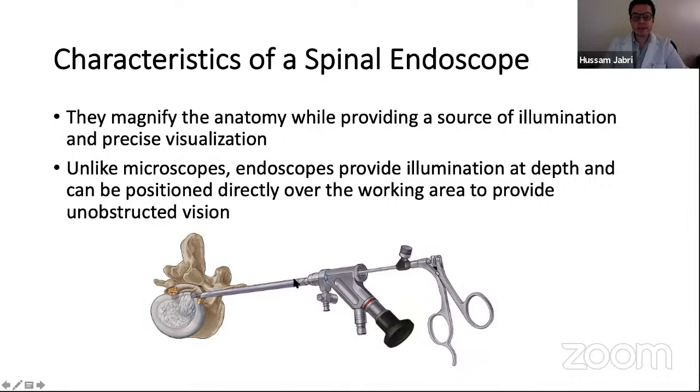Characteristics of a spine endoscope: it is like an endoscope in any other specialty, but the optical angles, dimensions, and length are adapted to the spinal pathology. They magnify the anatomy while providing a source of illumination and precise visualization. Unlike microscopes, endoscopes provide illumination at depth and can be positioned directly over the working area to provide unobstructed vision.